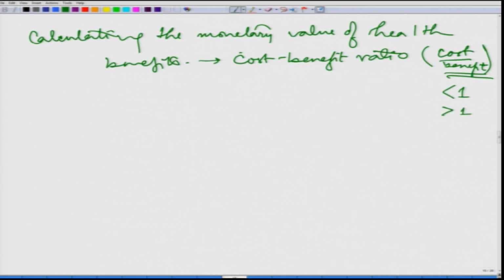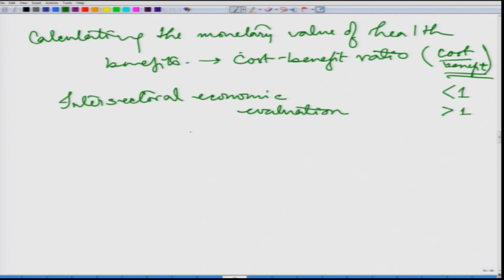This is how we try to estimate which one is dominating, whether the cost is dominating or the benefit is dominating. And it's very helpful when we look at this intersectoral economic evaluation, because now it's easier to understand as everything is measured in terms of money.